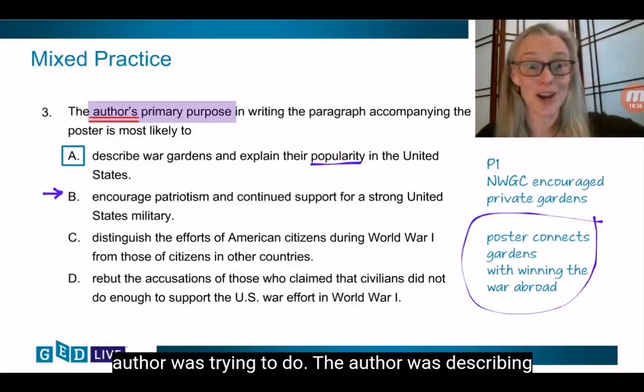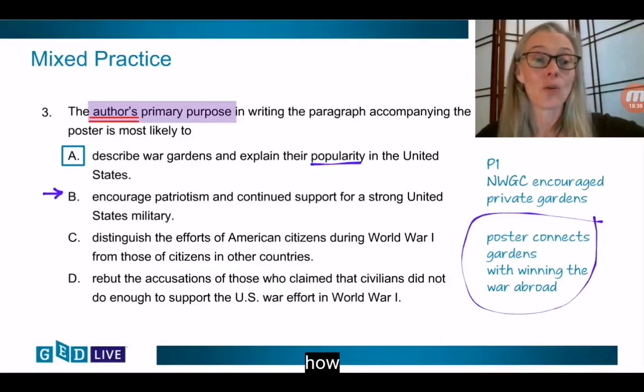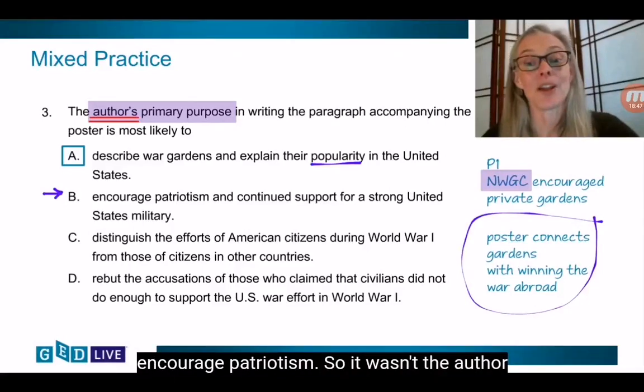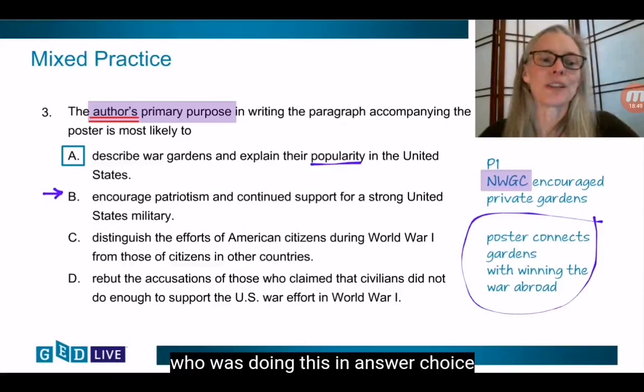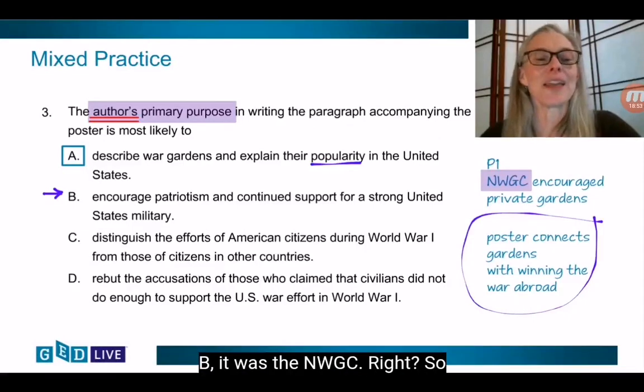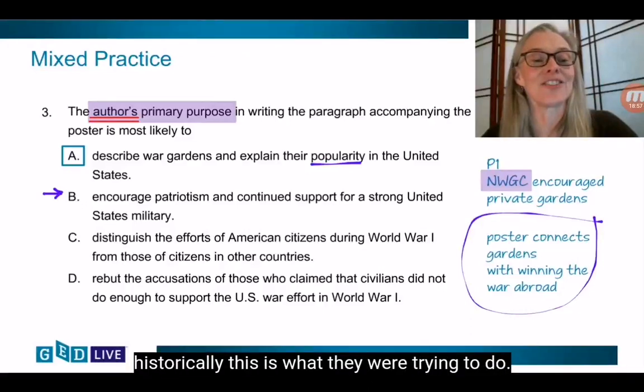The author was describing how the National War Garden Commission was trying to encourage patriotism. So it wasn't the author who was doing this. In answer choice B, it was the NWGC. Right? So historically, this is what they were trying to do.